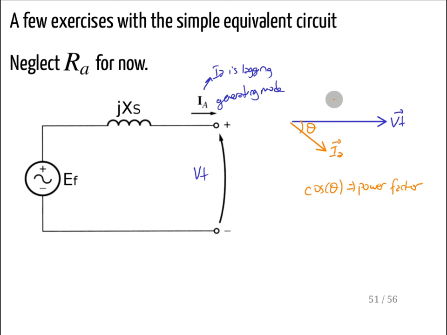Then I add that one and that one, there will be 90 degrees, and that is jXs Ia. You are multiplying the Ia vector with the j term, and that is what Ef is. So the Ef vector is equal to the Vt vector plus jXs times the Ia vector.